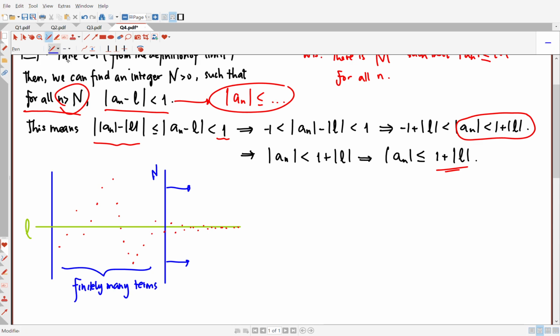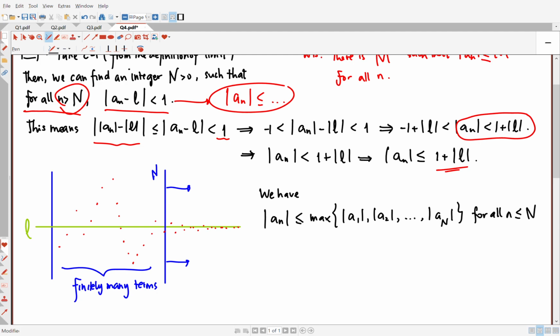And we see that there are only finitely many terms here. So we have the absolute value of a_n is less than or equal to the maximum of the absolute value of a_1, absolute value of a_2, and so on until the absolute value of a_N, for all n less than or equal to big N, right?